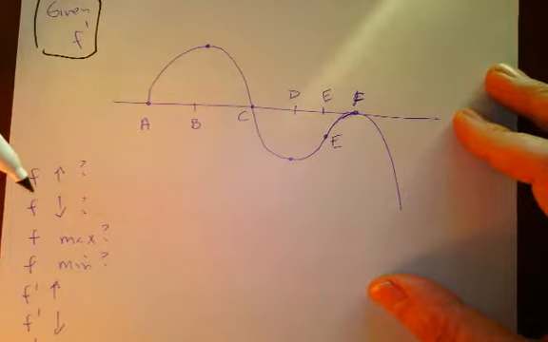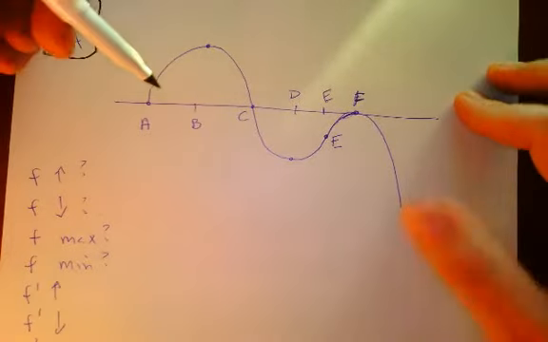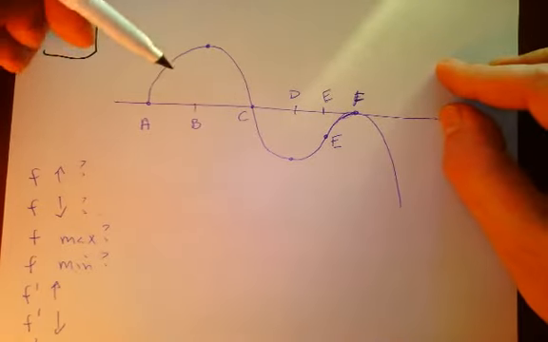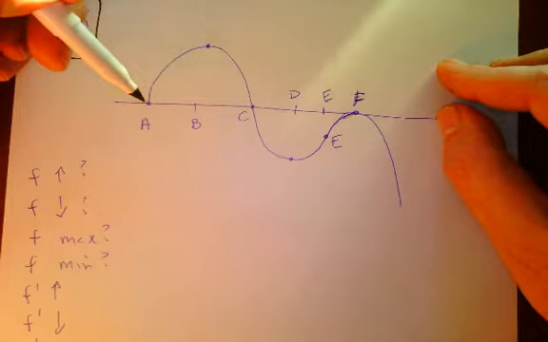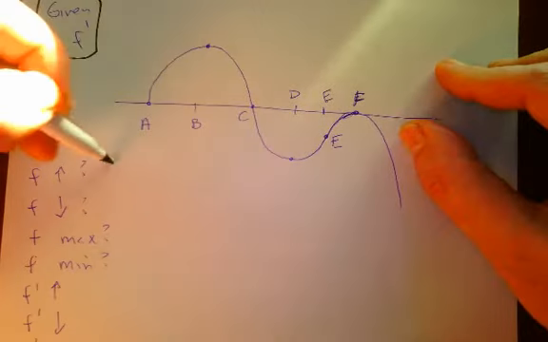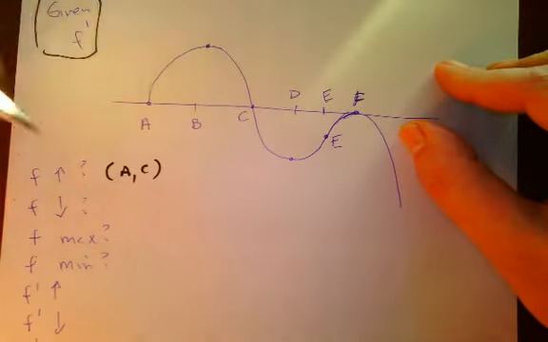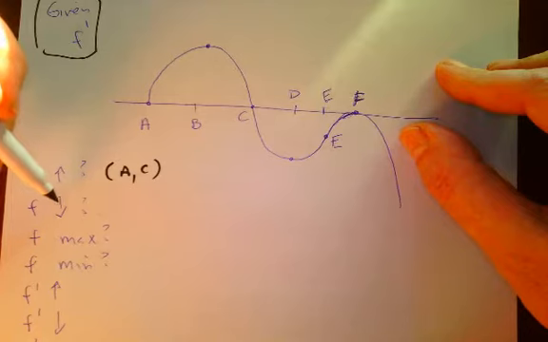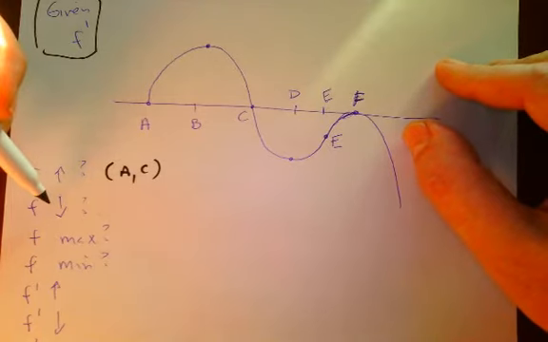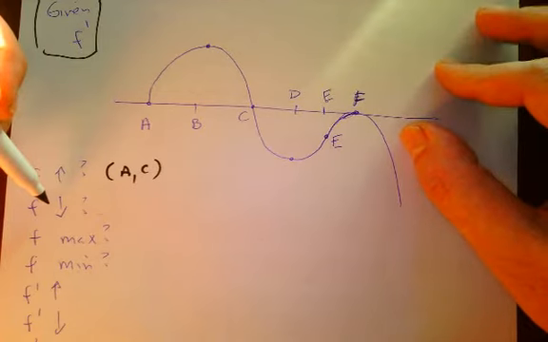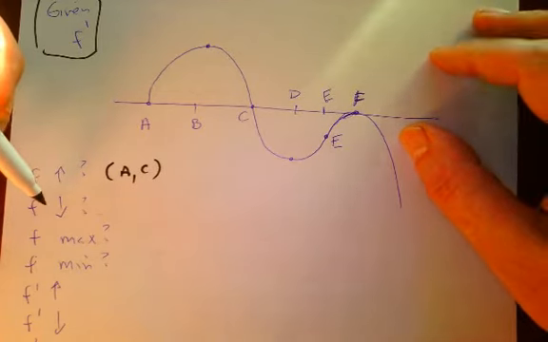Well, if f is increasing, what do we know about f prime? If f is increasing, then f prime is greater than 0. Oh, well, I can read that off this graph. F prime is greater than 0 from A to C. And when is f decreasing? F is decreasing means f has negative slopes.